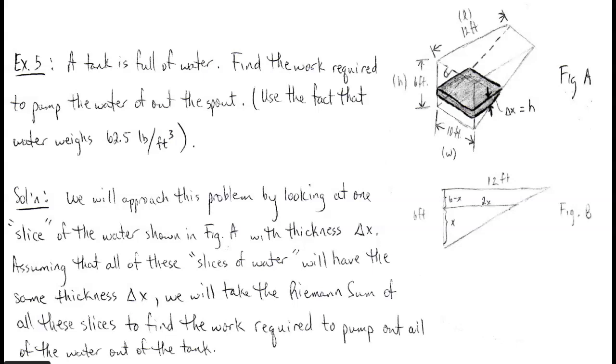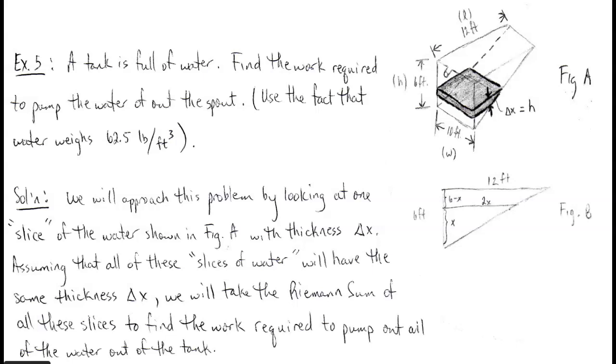So we're going to deal with one slice of water, a very thin volume of water, and ask how much work it is going to take to get that thin volume up, depending upon how high it is up from the bottom of the tank.